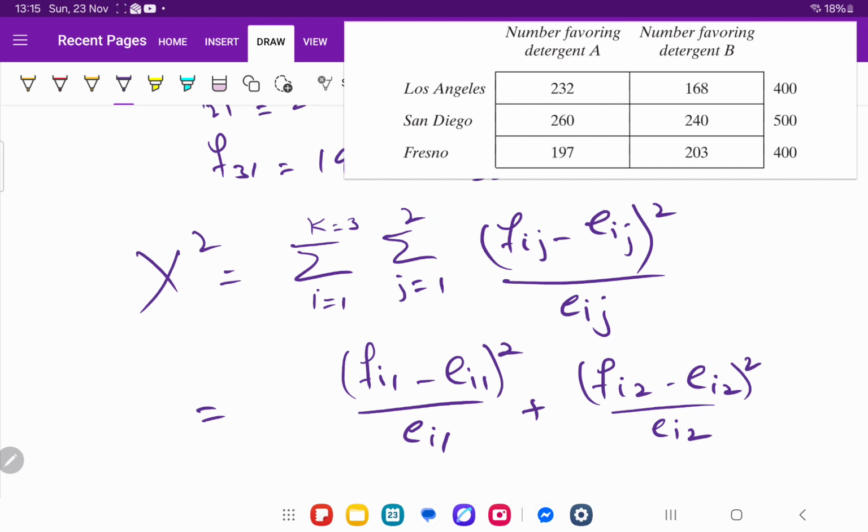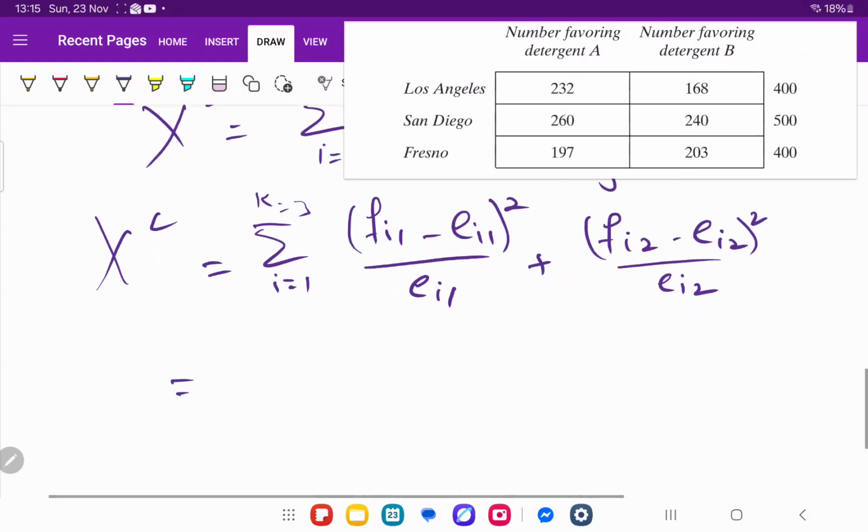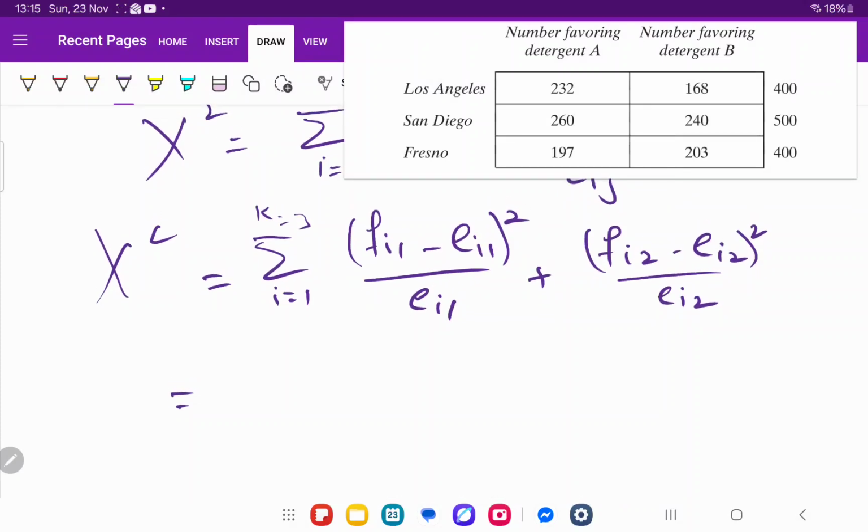Okay, so that first summation is applied, and the summation of i equal to 1 up to k equal to 3 is still there. So now we have to apply the second summation, which considers i from 1 up to 3.